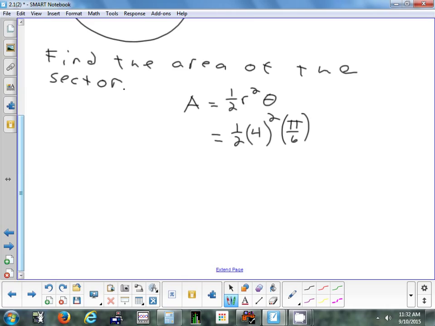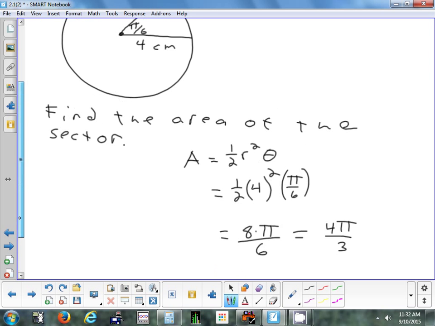All right, how about Callie? First thing I'm going to do here, if I follow order of operations, is what? Good. I'm going to square 4, which is 16. And then if you take half of it, you get 8. So we have 8 times pi over 6, which we can reduce top and bottom by 2. 4 pi over 3, that's the area. And what should the label be on that?